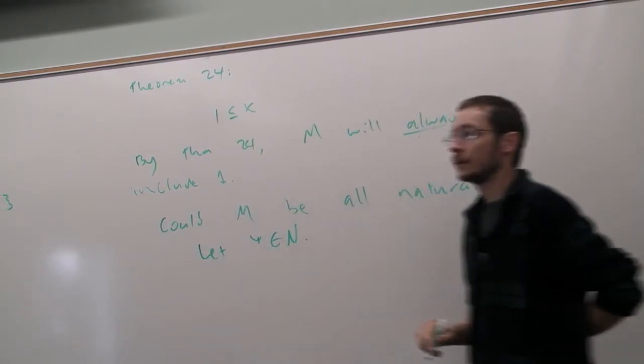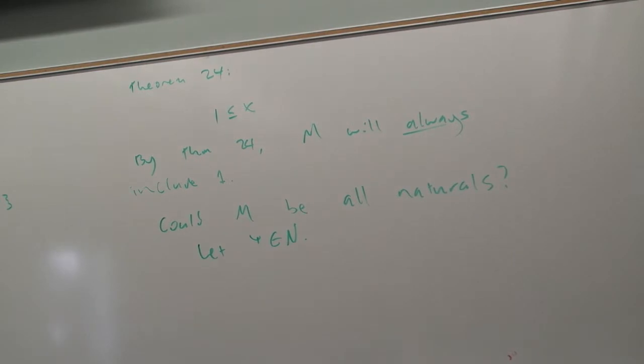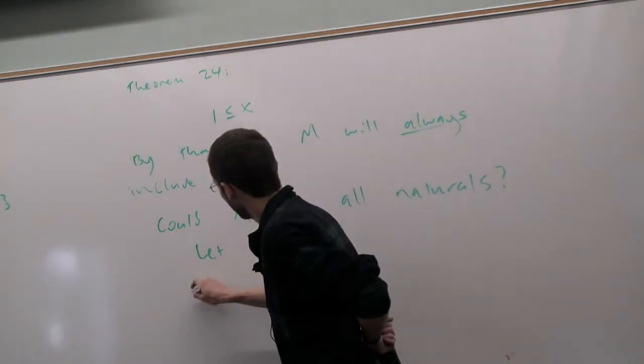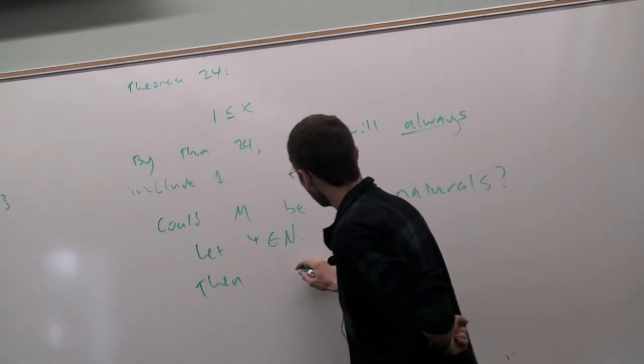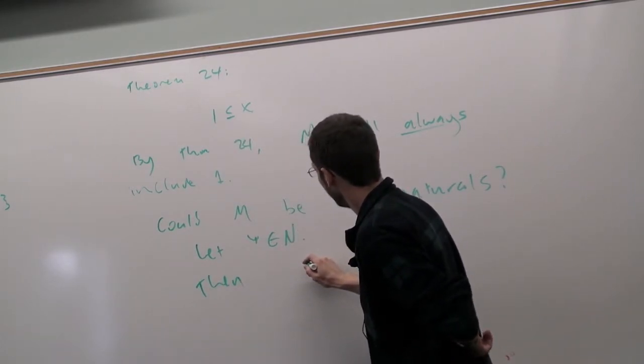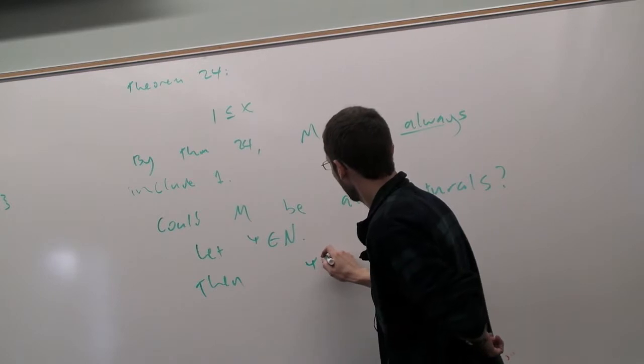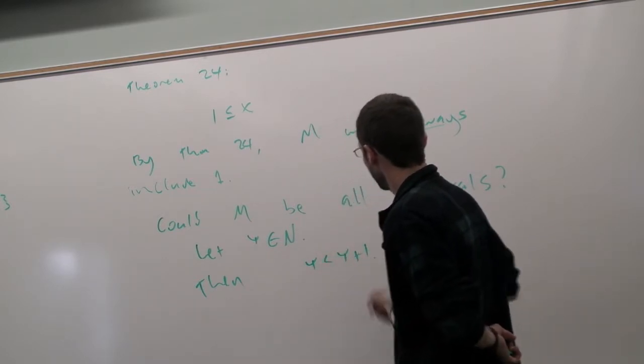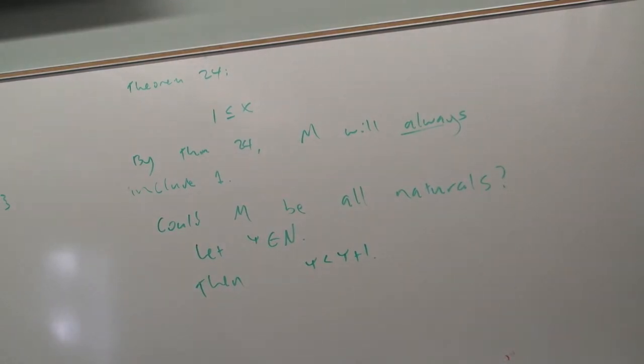Okay? We know that there's something in there because we said let N be non-empty, right? Then take a look. We notice that y is strictly less than y plus 1.